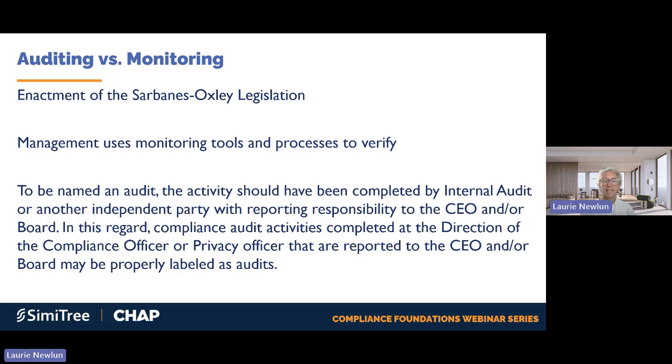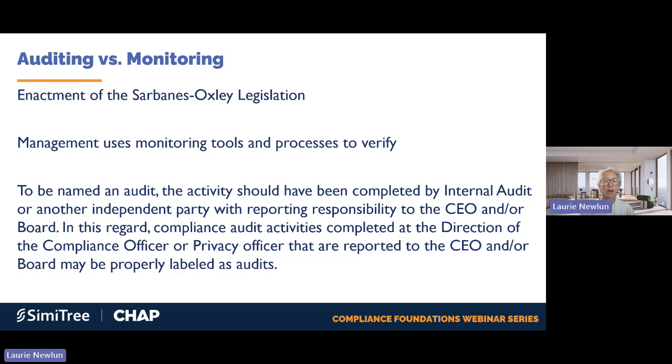As a result of those weaknesses in corporate governance and financial reporting, specific auditing terms and processes were put in place as a part of this legislation. And those have specific meaning.